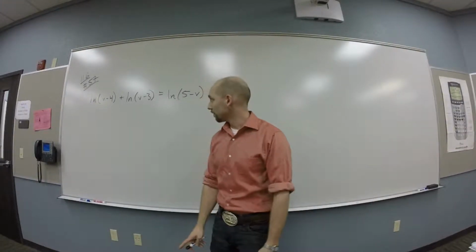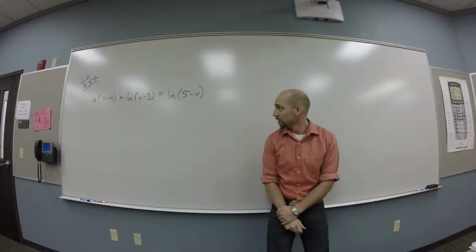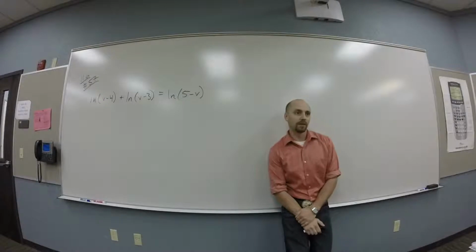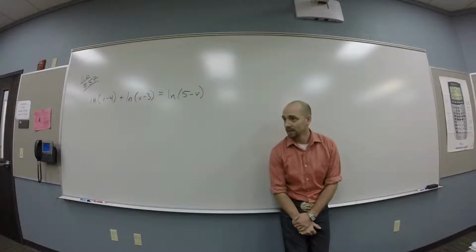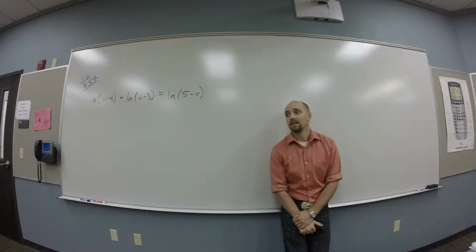All right, so we'd like to solve ln(v - 4) + ln(v - 3) = ln(5 - v), which is some kind of little thing with logs, right? What does my instinct say? Multiply. Oh, you guys are good. Lose the logs. Yeah, I'd like to lose the logs, but I can't put this stuff in the exponent of an e right now.